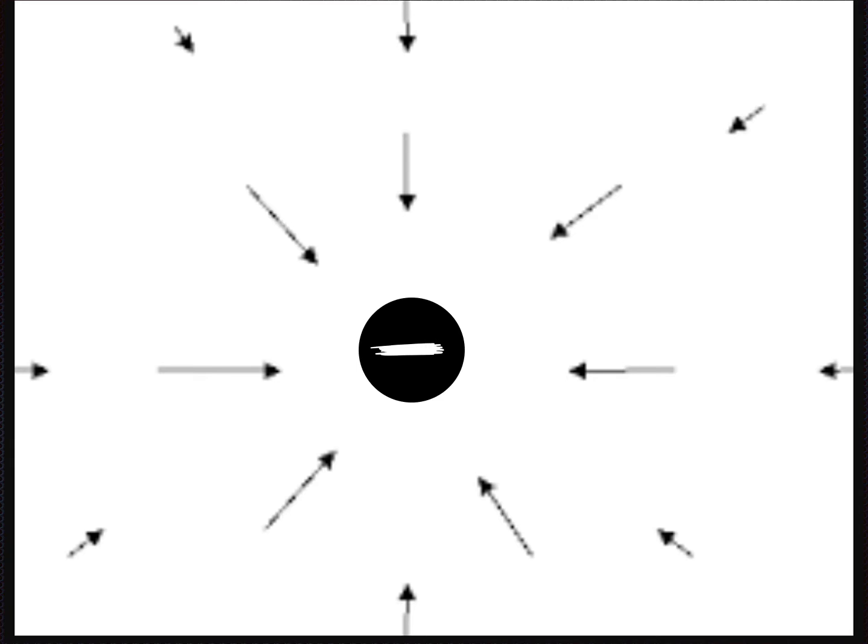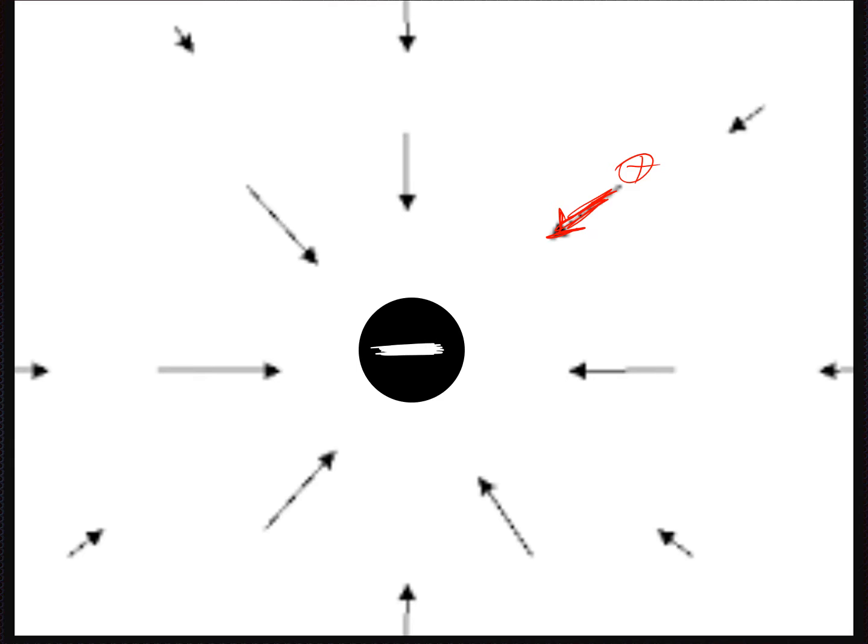What that basically means is if we take any positive charge and place it anywhere around this negative charge, if I put it here, for instance, say I placed a positive charge there, then the arrows that are nearby tell me, hey, this is the direction of the force that that charge is going to feel. And it's how big it is too.